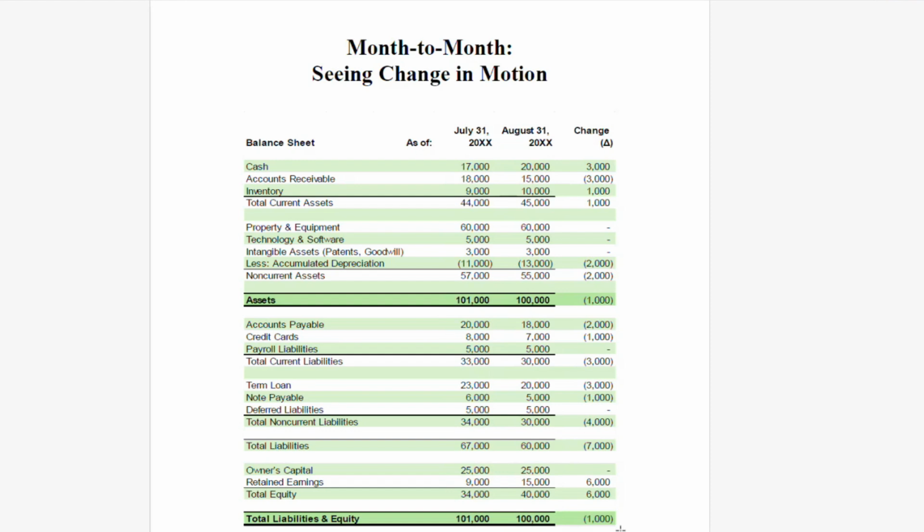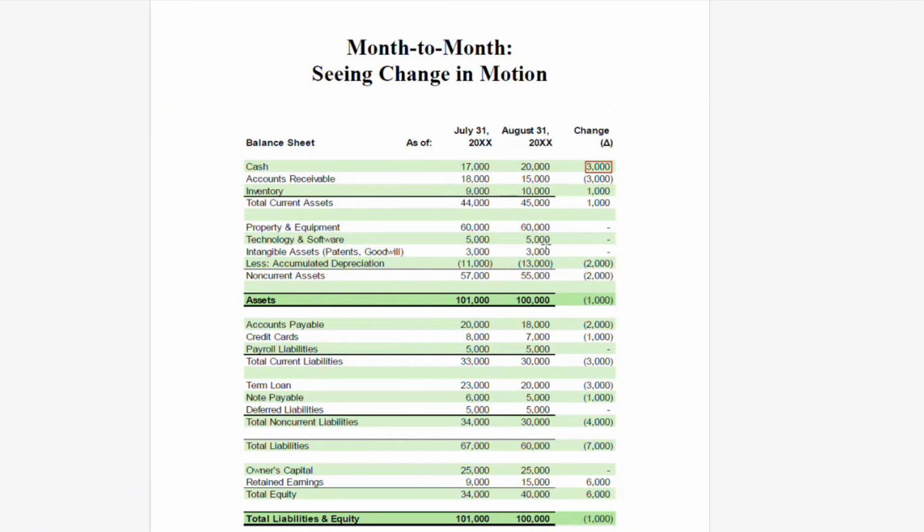Just right off the cuff, we've got $3,000 worth of cash that's now available to us that wasn't before. That's probably in large part because our accounts receivable balance went down, so we collected $3,000. Some other things have taken place.